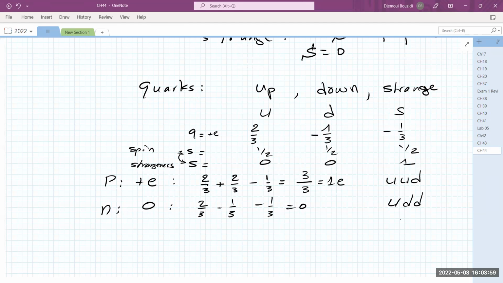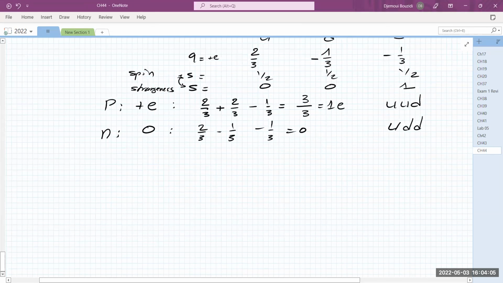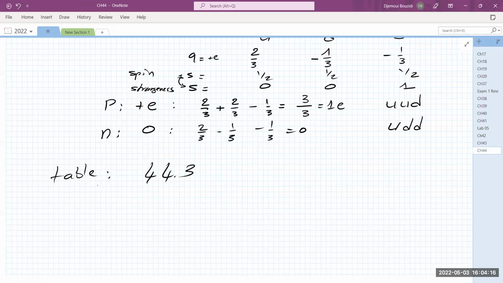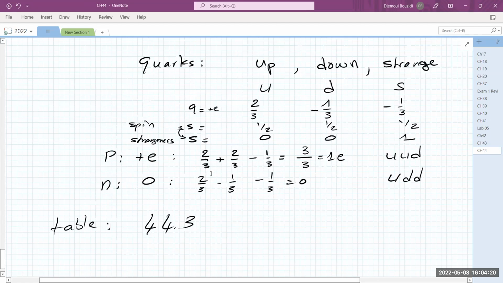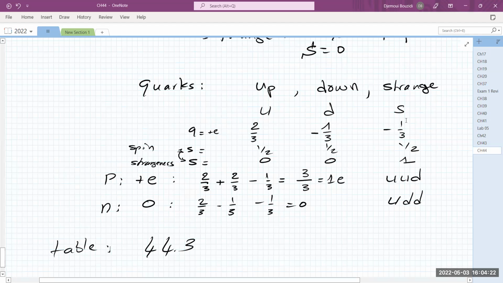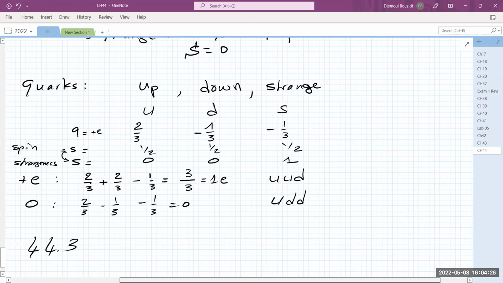So this explains this too. And if you look at the table now, on page 44.3, it gives you, okay, in anticipation of what comes next, of course, there are 3 more quarks that were postulated and actually shown to fit the bill.